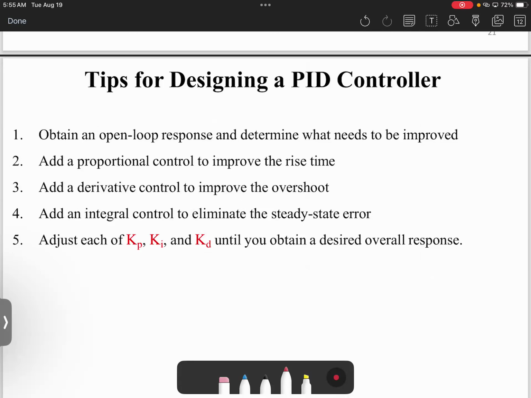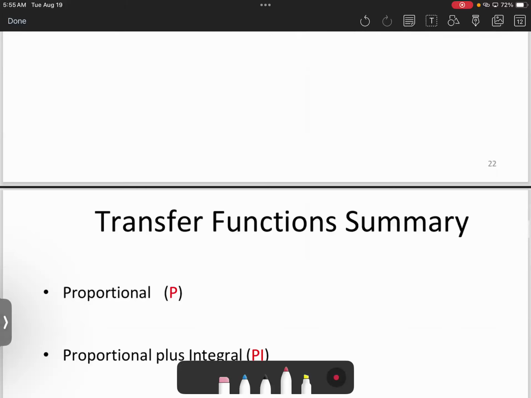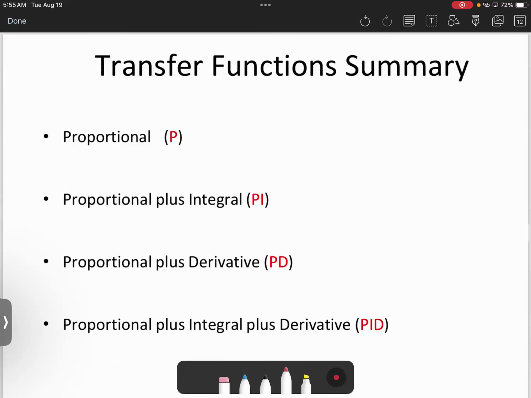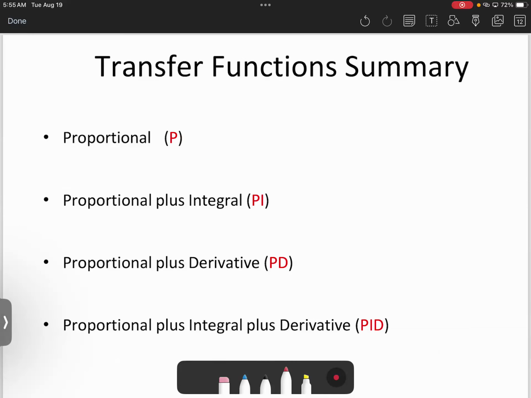Tips for designing the PID controller. We all agree on the transfer functions of the controllers, so let me write them here. The transfer function G of S for the P controller is KP.